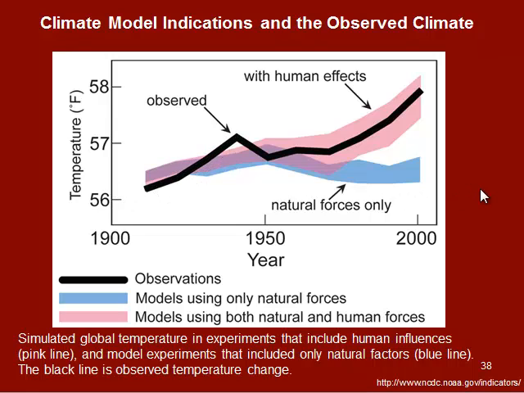So they put in values for CO2, stuff like natural sources of CO2, natural temperature changes, volcanic eruptions, all sorts of stuff. And they split it between using only natural forces in blue, so things like natural CO2 releases, plant growth, things like that. And then they add in the pink bar, both natural and human. So they input our release of CO2.